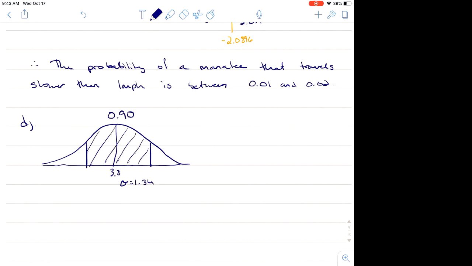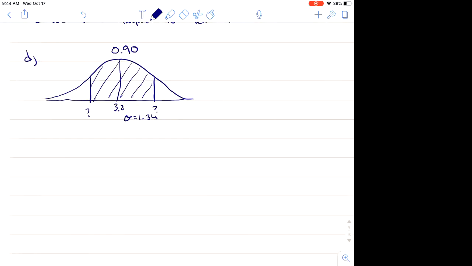Okay. So we have a couple of ways that we can find this, but we want to find this value and this value. I'm going to use the table C. Using table C, the confidence levels give us the central 50, 60, 70, 80, 90, etc. percent.